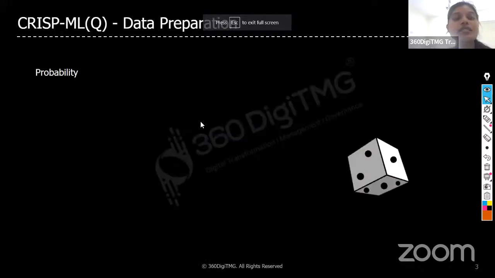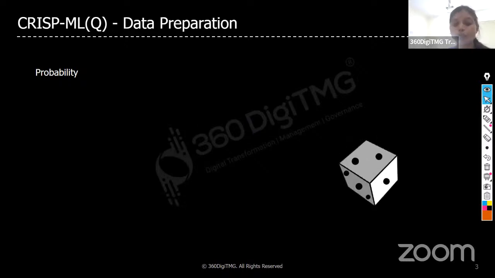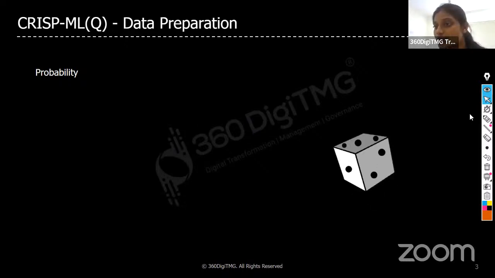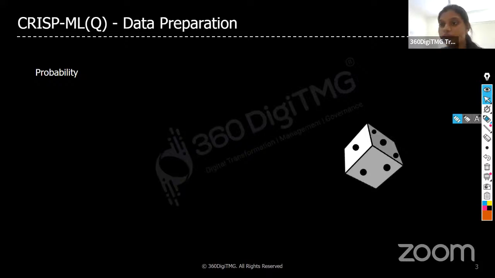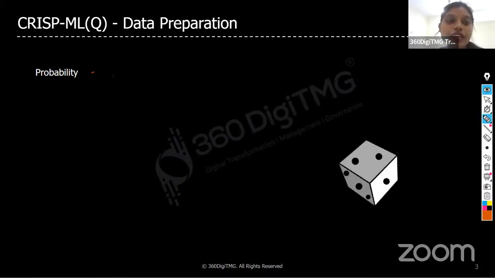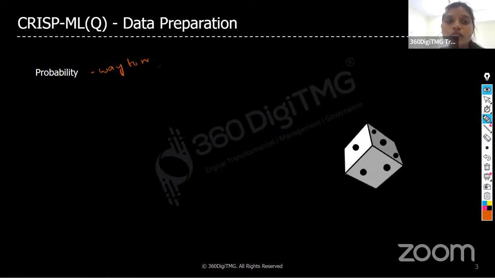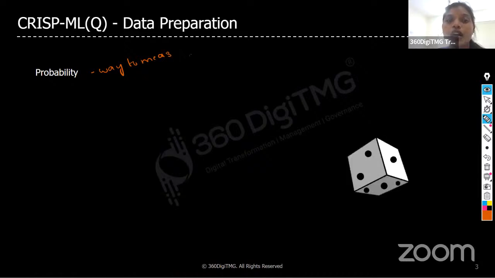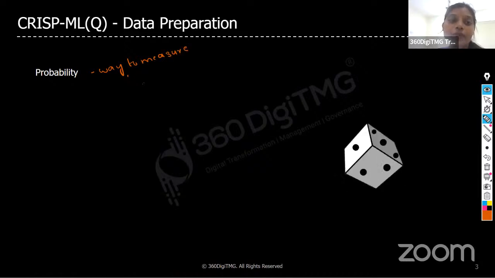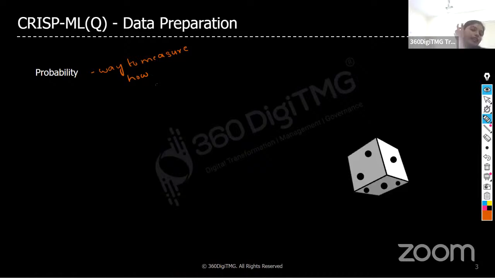Okay, so we are discussing probability over here. So what is probability? How can we explain this probability? Probability is nothing but a way to measure how likely something is going to happen. Something may be any event, like here we have a rolling die.